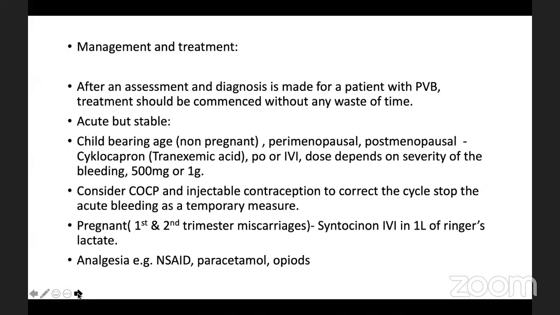But for those patients that we admit, it would be advisable that we put them on IV medication at the same doses, and also observe for response.